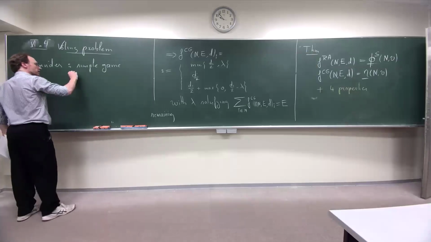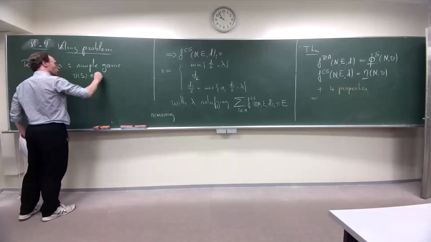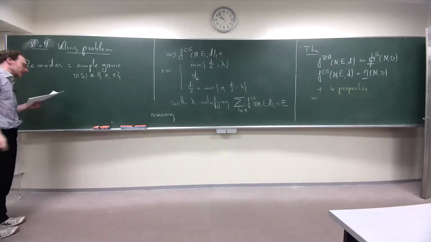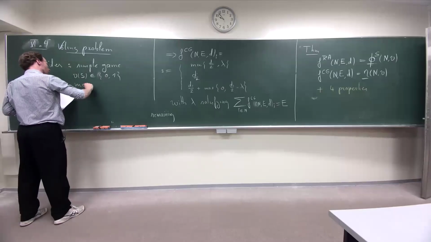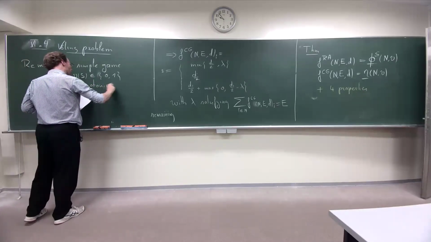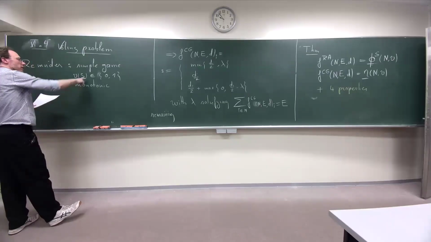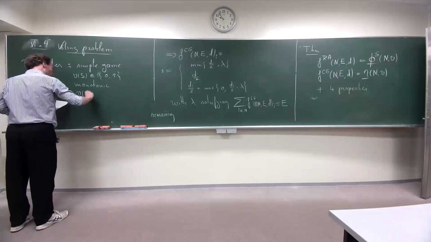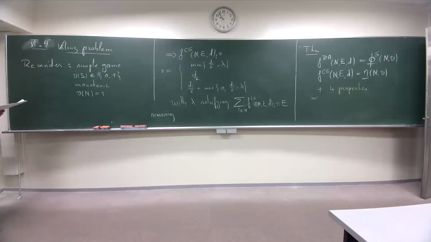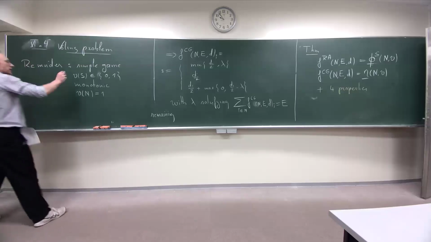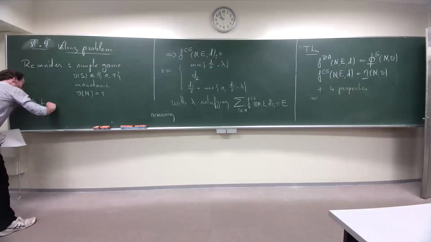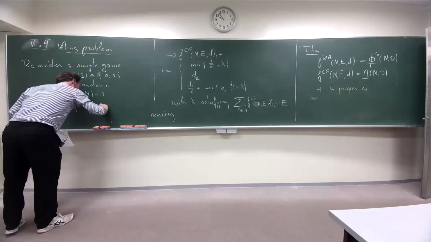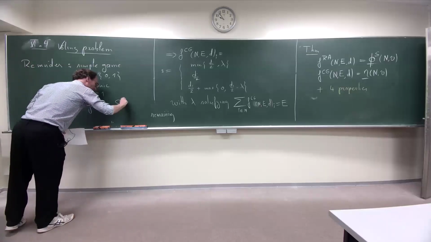So V of S is always inside the set {0,1}. And in addition, they are monotonic, so more players means you increase the payoff or the utility. And V of N is always 1. For the grand coalition, it's 1. And the set of simple games is denoted by Sn.